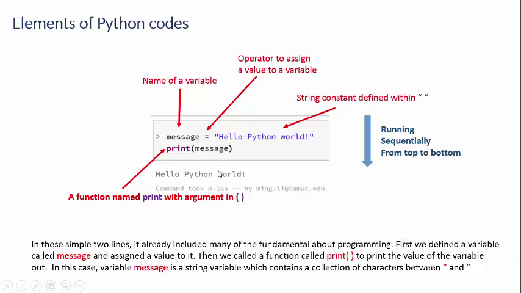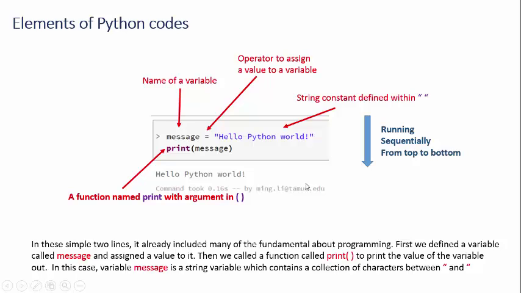And also we noticed the program is running from the top to the bottom. So we see the code is running sequentially, the first line and then the second line. So this is the very basic fundamentals of Python code.